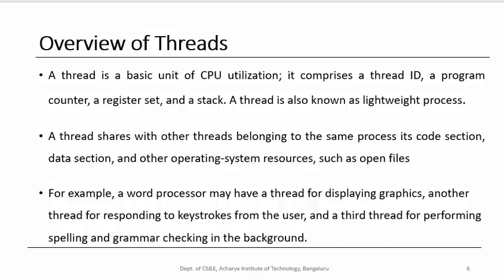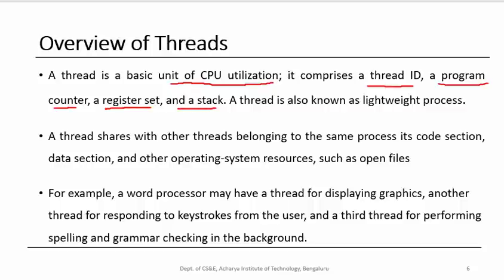Thread can be defined as a basic unit of CPU utilization. A thread will have a thread ID. Like I said, thread will have a program counter, register set, and a stack.